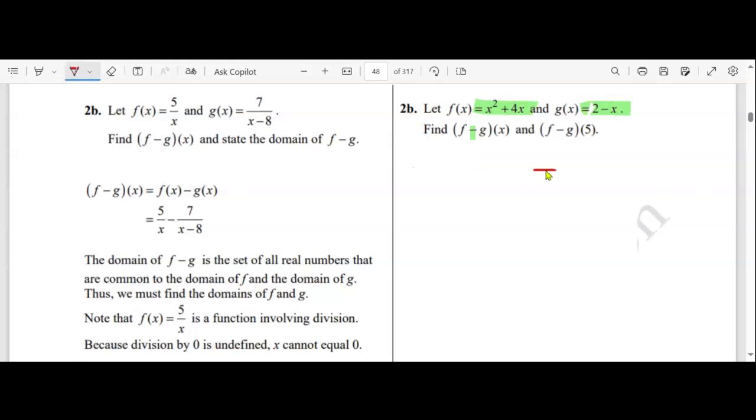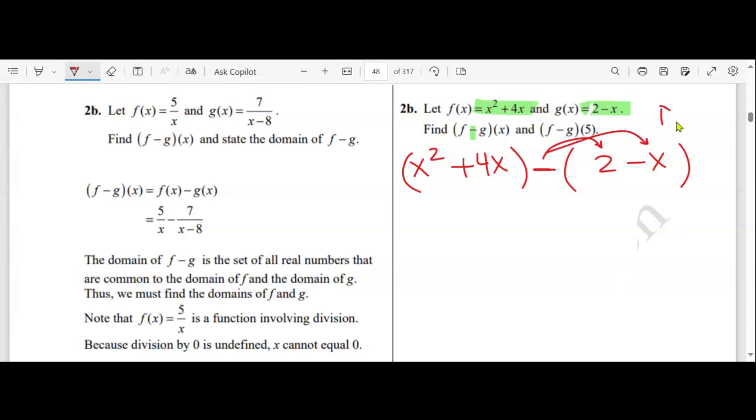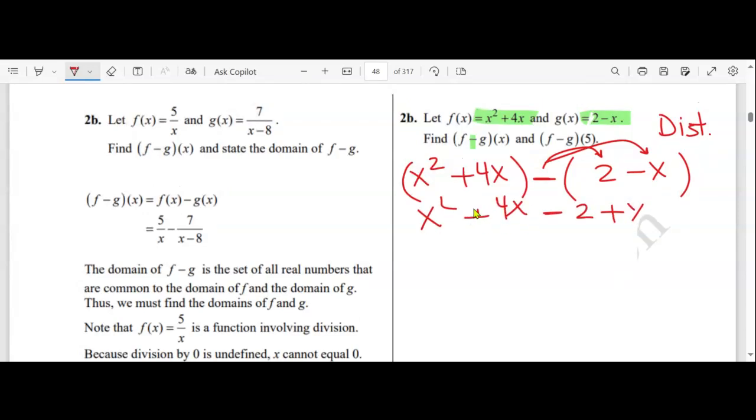So we put the subtraction, the first function and the second one: x squared plus 4x, and the second function. Now what should I do with the negative? Distribute. You have to distribute. So you get negative 2x plus x. And I have x squared plus 4x.